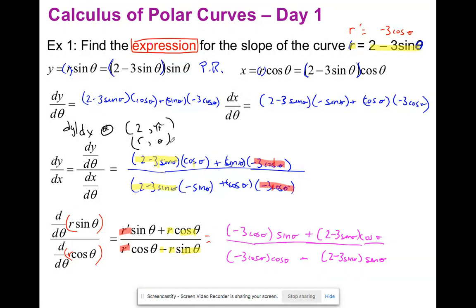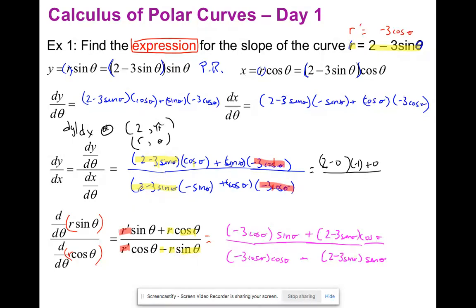You have to put pi in for all of your thetas. Fortunately, pi with sines and cosines isn't so bad, right? Notice what happens. You get 2 minus 3 times sine of pi, which is 0, times cosine of pi, which is negative 1, plus sine of pi times, who cares? Sine of pi is 0.